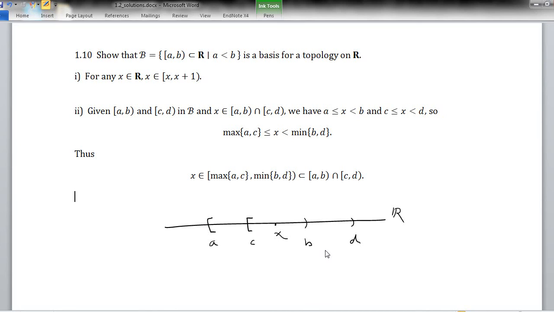And we needed to find an interval containing x and contained in the other two. And for this particular arrangement here, that interval would be the interval from c to b. Because in this situation, the maximum of a and c is c, and the minimum of b and d is b. Okay.